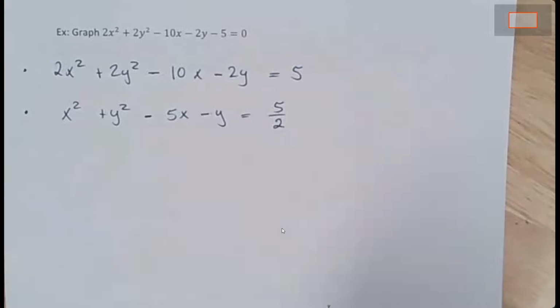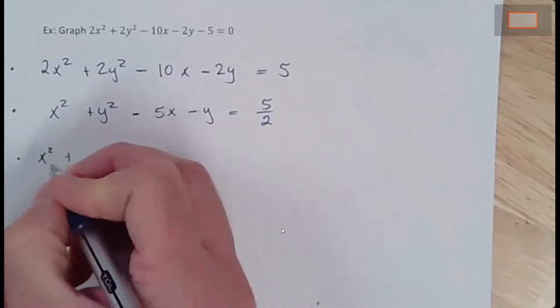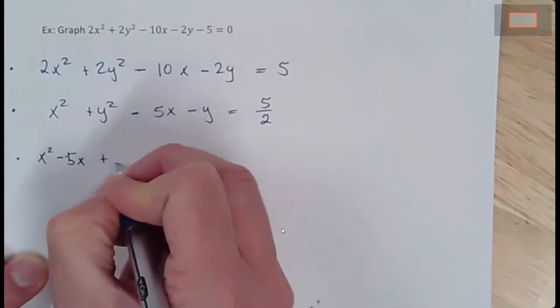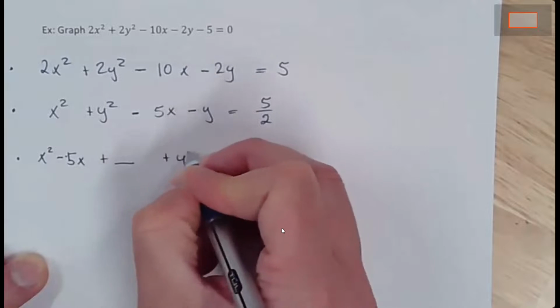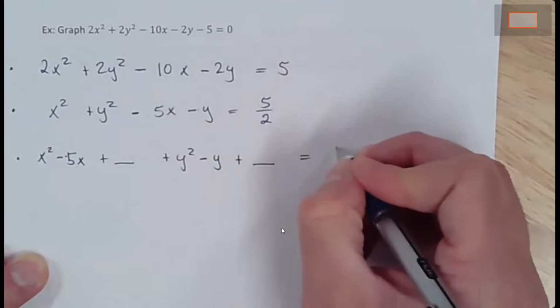Now we're going to group the x's and y's together, and we're going to be smart. We're going to leave ourselves some space because we know we're going to be completing the square. So I'm going to write this as x squared minus 5x plus blank, and then plus y squared minus y plus blank equal to 5/2.